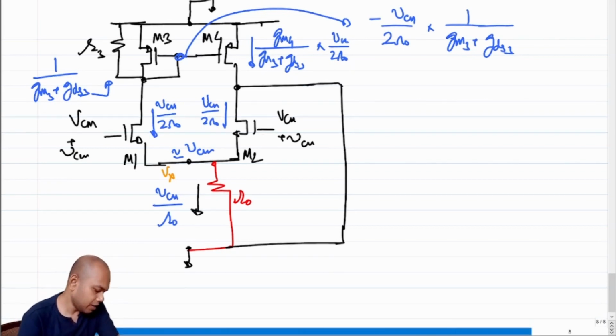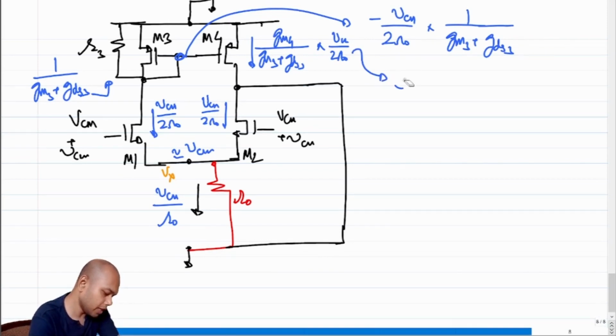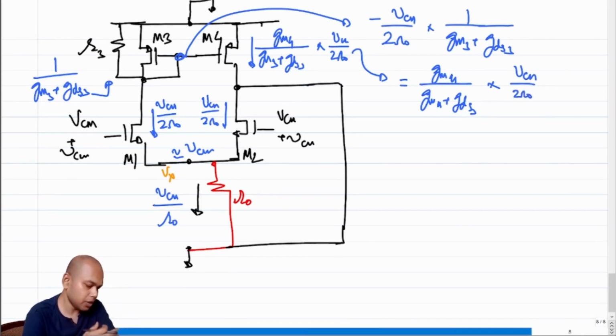Okay, fine. If this is the case, so this is almost equal to what? This is not almost, exactly equal to, if GM3 and GM4 are the same. So this becomes, let's say, GM4 by GM4 plus GDS3 times VCM by 2 R naught, right? Do you think this is less than VCM by 2 R naught or greater than VCM by 2 R naught? This is clearly less than VCM by 2 R naught, right?